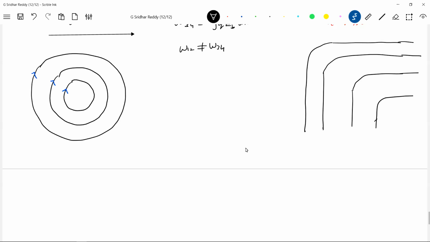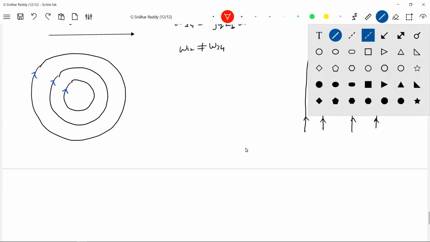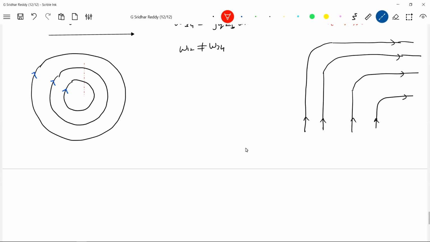Now look, there's a field. So again, you take a closed path. What is the closed path? Just very simple. Can the closed path be like this?